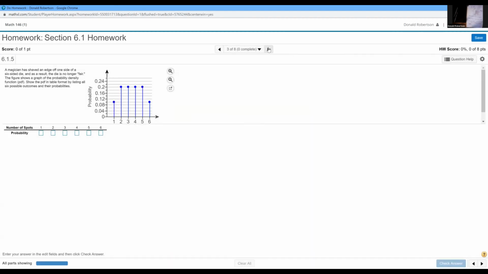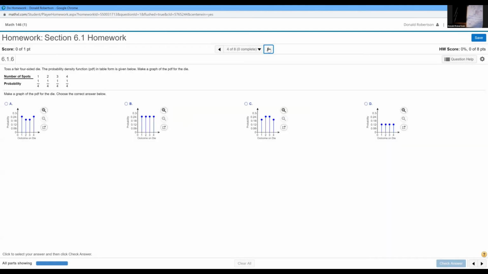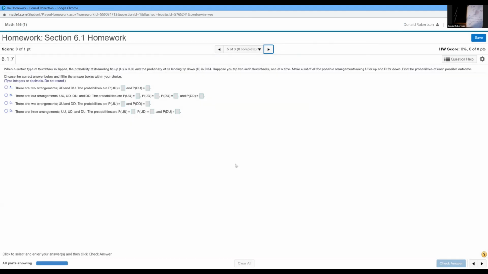Right. See if we can zoom through another one. Here's a probability question. When a certain type of thumbtack is flipped, the probability of it landing up is 0.66, and the probability of it landing down is 0.35.